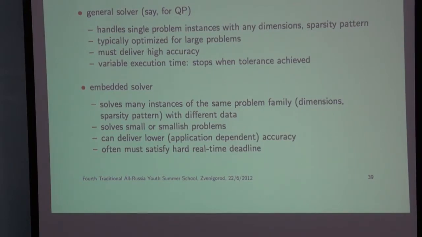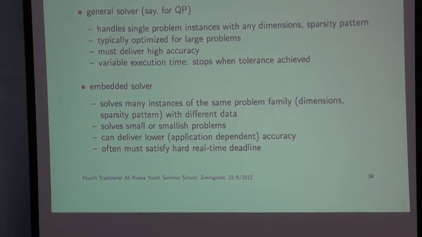There's a very interesting reason for that, which allows me to make another comment. Typically, a solver will deliver, if possible, 8 significant figures, 10 digits of accuracy. That's good. And you might ask why. Why do you need that?